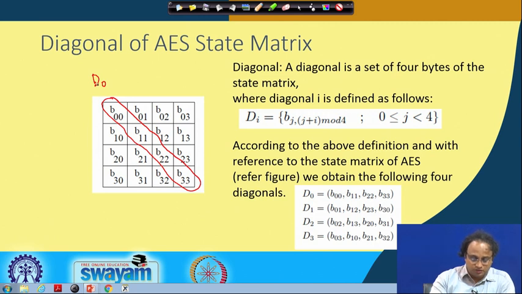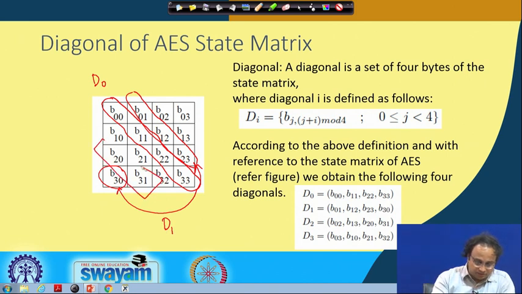On the other hand, consider the bytes B01, B12, B23, and along with them consider B30. Together these form what is called diagonal D1. Likewise, consider this diagonal like this and this.